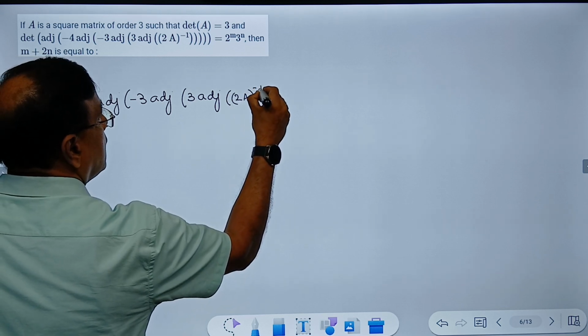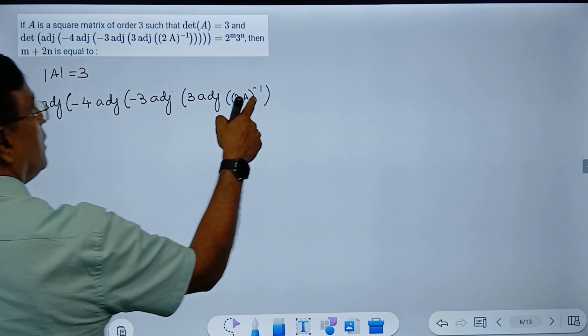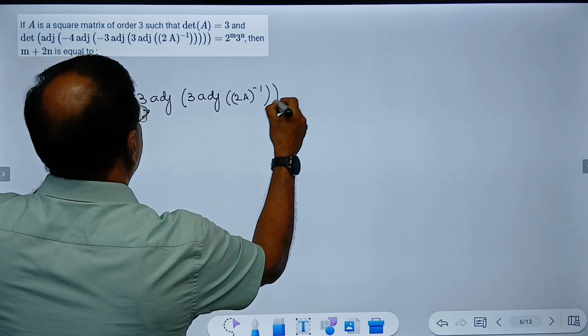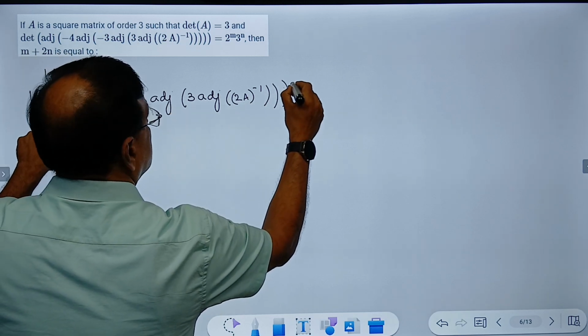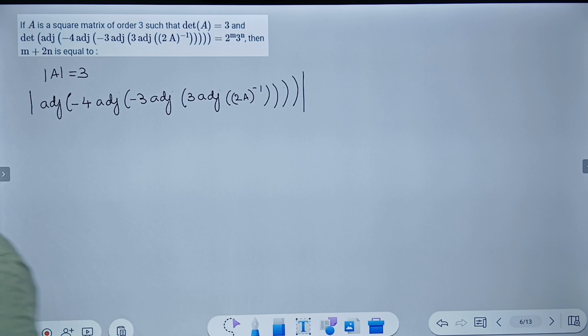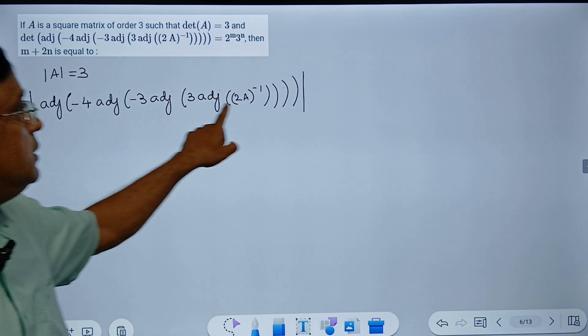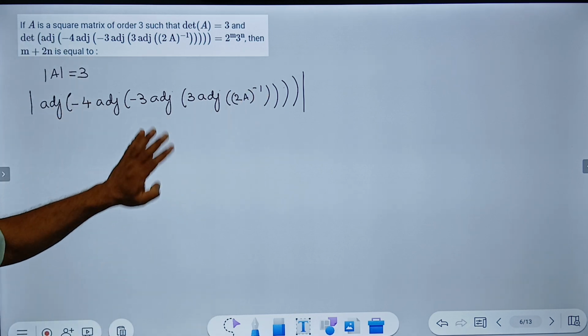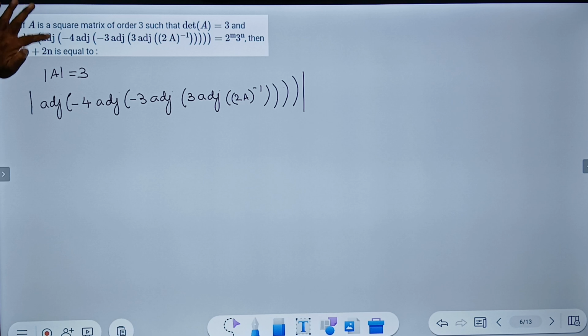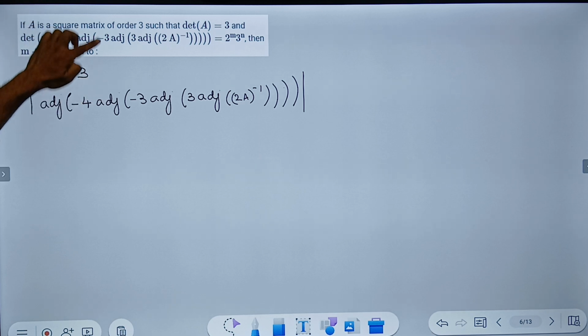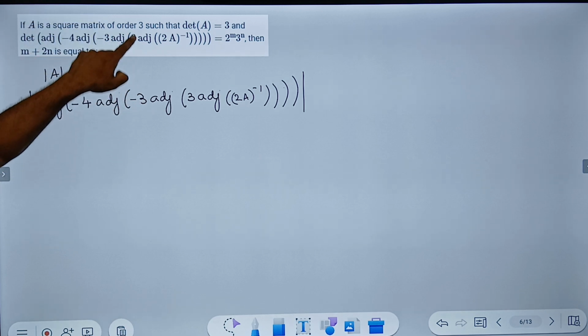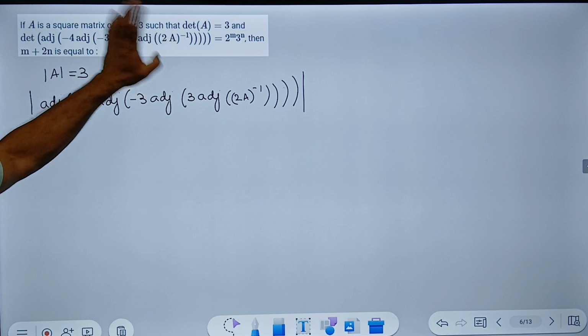Okay, close it. Now for this bracket 1, 2, 3 and determinant. And this is the value that I want to find. Determinant of adjoint of minus 4, adjoint of minus 3, adjoint of 3, adjoint of 2A inverse.